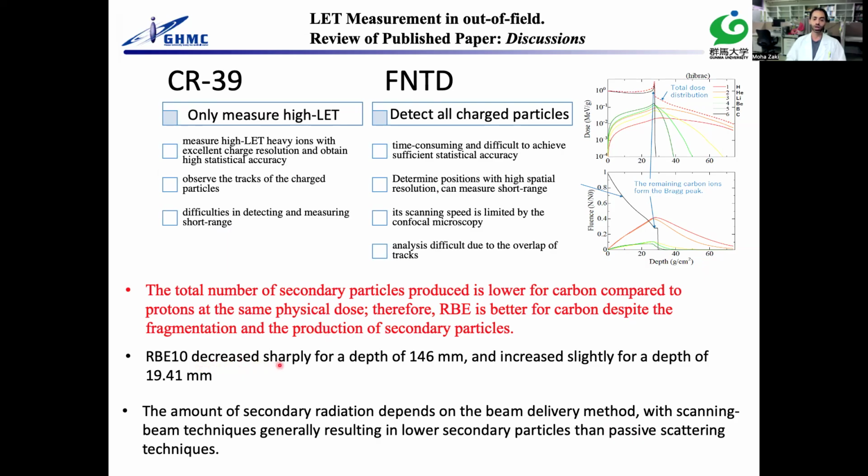RBE10 decreased sharply at a depth of 146 millimeters and increased slightly at a depth of 194.1 millimeters. The amount of secondary radiation depends on the beam delivery method, with the scanning beam technique generally resulting in fewer secondary particles than the passive scattering delivery technique.